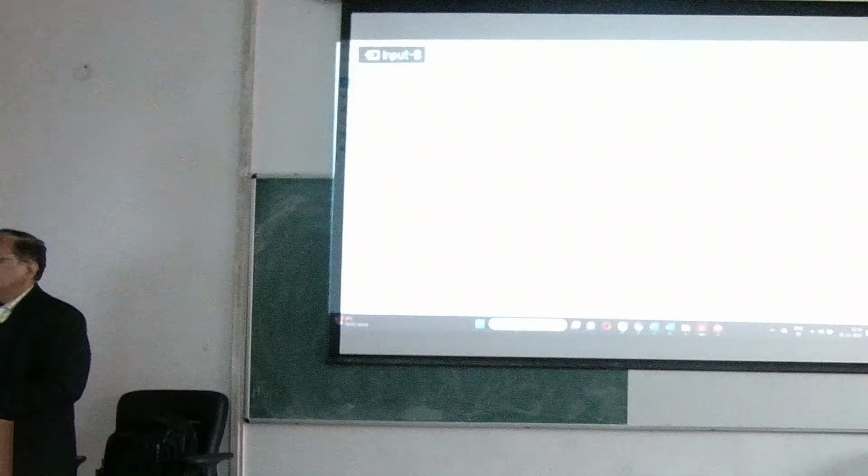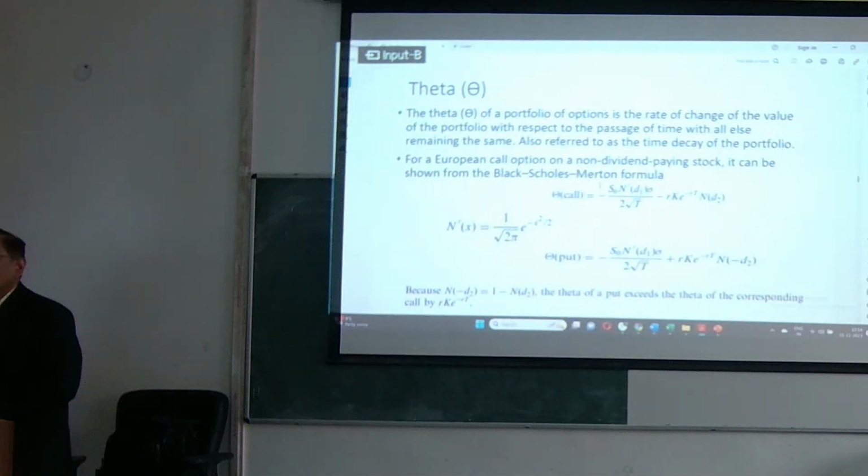You can easily calculate it through basic calculations. So what does it say? It says that the theta of a portfolio of options is the rate of change of the value of the portfolio with respect to the passage of time, with all else remaining the same.